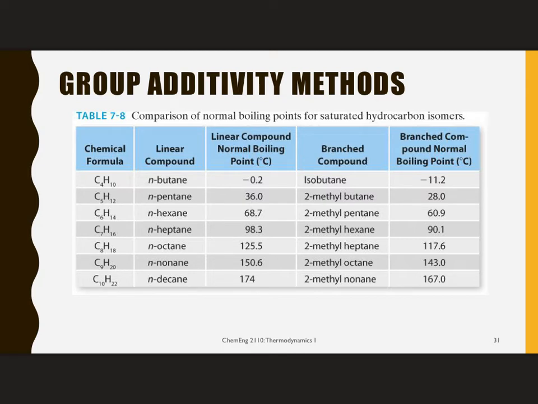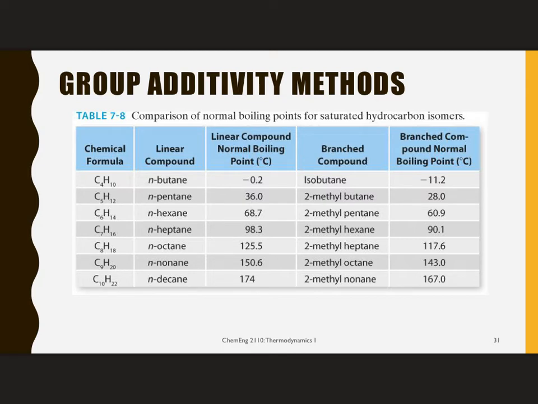So here in this table from our textbook, it's a comparison of normal boiling points for saturated hydrocarbon isomers. They've looked at normal butane, normal pentane, normal hexane, heptane, so the increasing values of carbon in our basic alkanes and in branched versions of those, isomers of those.